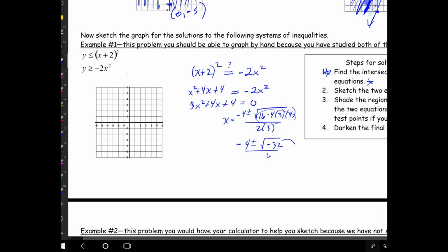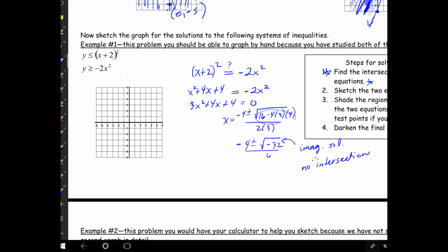But realistically, it's going to be an imaginary solution. Therefore, they will not intersect. So I'm just going to have a bunch of shaded places, with no real important points of where they're going to come together.